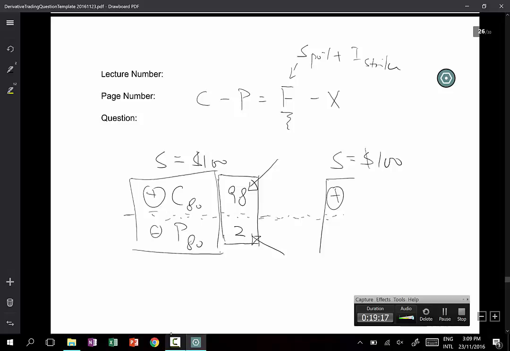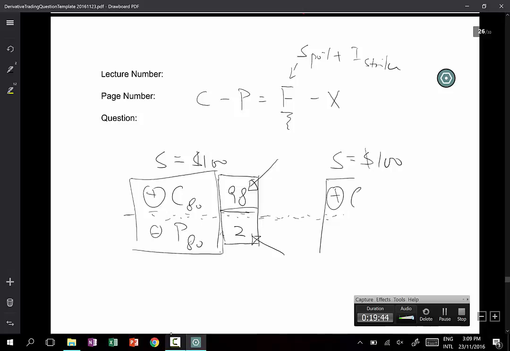Sorry for confusing you. So long the call at 80, short the put at 80. So the put has very little chance as of now of being in the money. So most of your attention will be focused on the call, and when you hedge, you pay most of the attention to the call option.